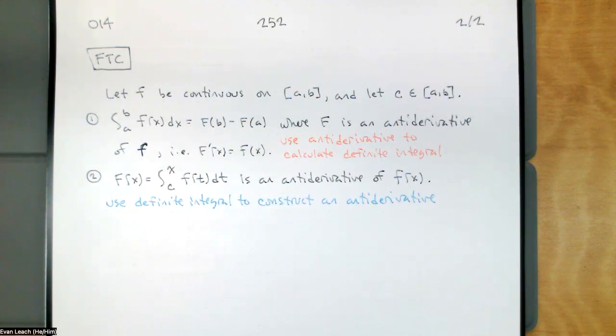The reason that this is excellent is that the definite integral can always be approximated, for a continuous function anyway. A definite integral can be approximated to any degree of accuracy with just area.